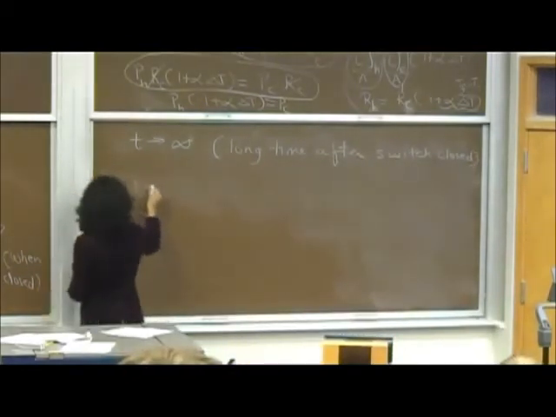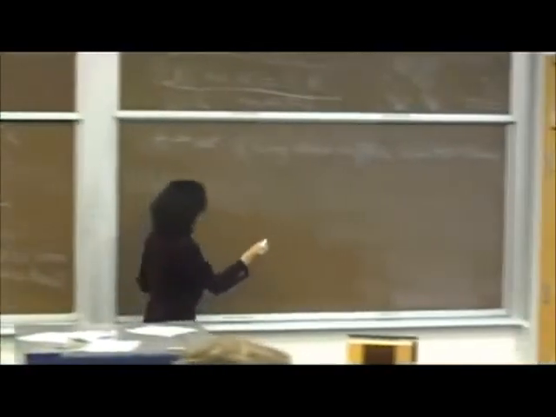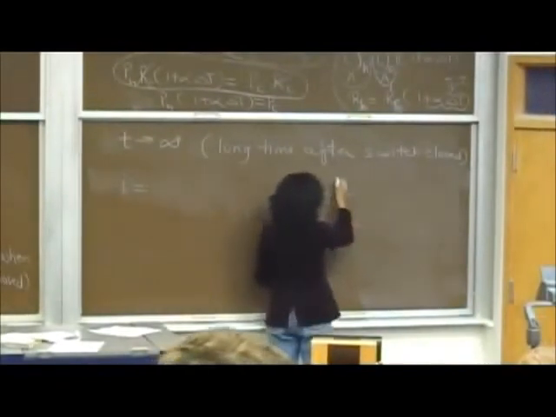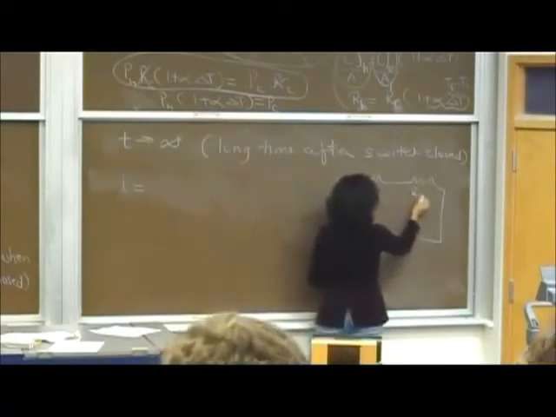The current will become what, folks? Do you see the circuit has now become something like this, right? So the circuit starts looking something like you have a 9-volt battery and you have two resistors, R1 and R2.